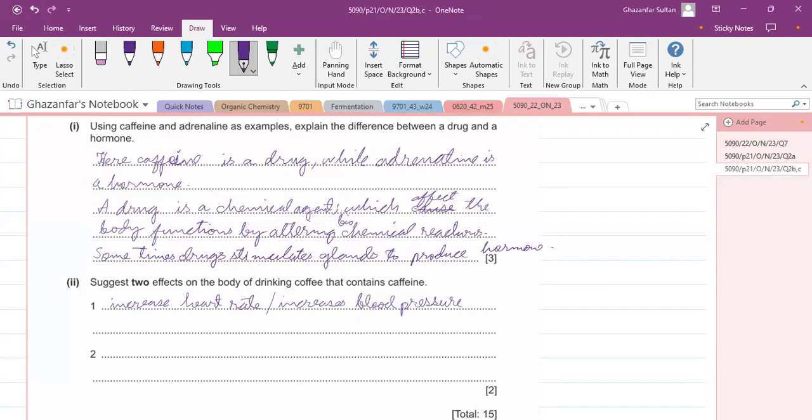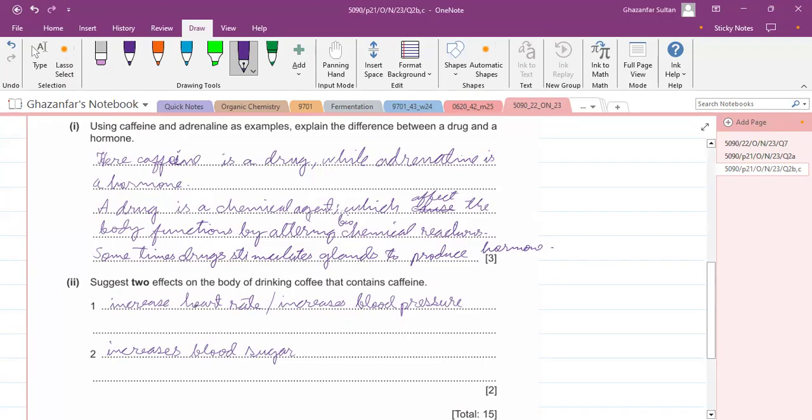And it also increases blood sugar. Actually, it starts under the effect of caffeine. When adrenaline is produced, adrenaline influences the liver to convert the glycogen into glucose, and that glucose is called blood sugar.